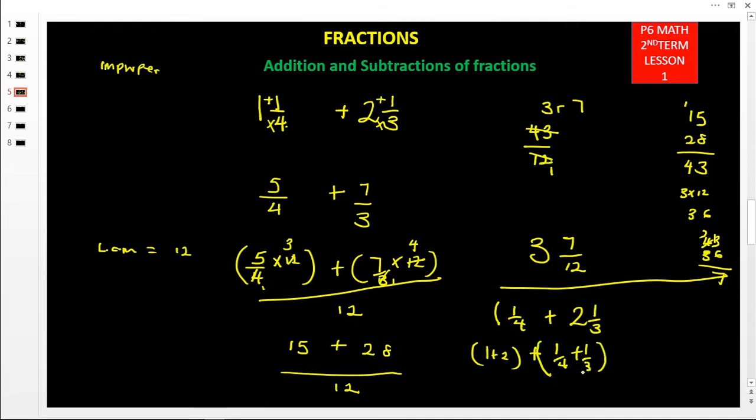So you simplify this one, a quarter plus a third, is giving us 7 out of 12. Then you bring your 3 into it. So when you simplify, we come up with 3 and 7 out of 12. So if you don't do this one, you can first add the whole numbers and again you simplify the fractions.